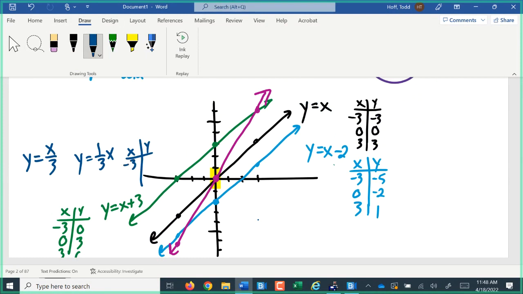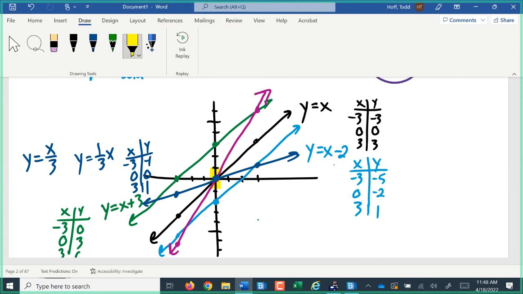If x is negative 3, 1/3 times negative 3 is negative 1. That's a point negative 3, negative 1. If x is 0, 1/3 times 0 is still 0. So it still goes to the origin. If x is positive 3, 1/3 times 3 is 1. So it's right there. There's our line. You can see it definitely makes it shallower, a lower angle across the graph.